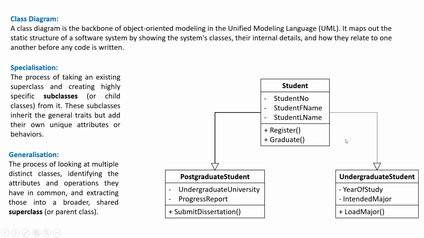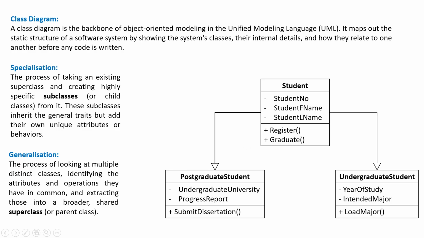So if you read this class diagram, you can see the superclass or base class is student, and the subclasses created from the student base class are the postgraduate student and the undergraduate student. The two subclasses have all the properties and methods of the superclass.